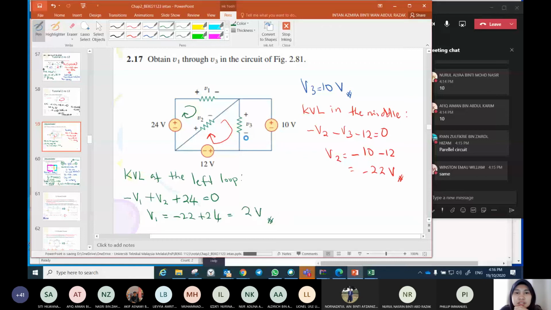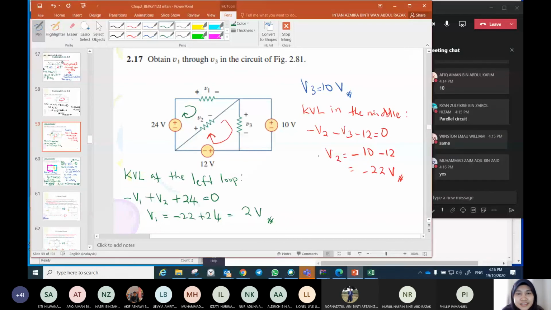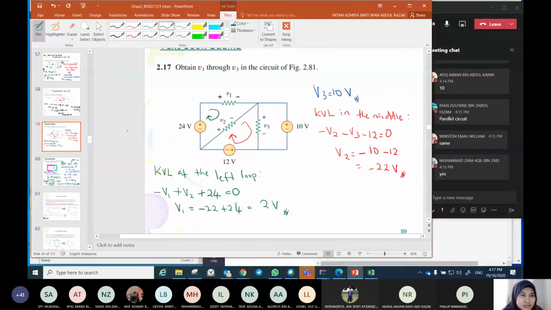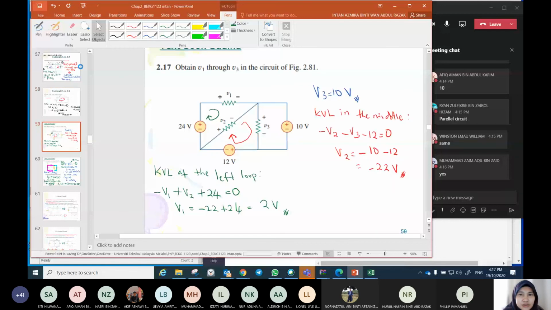Okay, this is very basic. 2 volts. This is a very basic question that will not be asked in your final exam and midterm test. Okay, so this is just for fun. I think that's all for today.